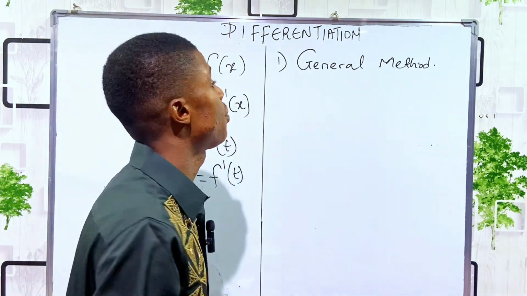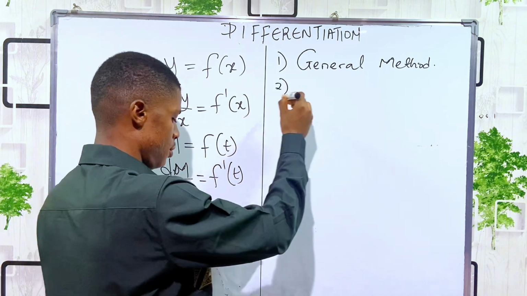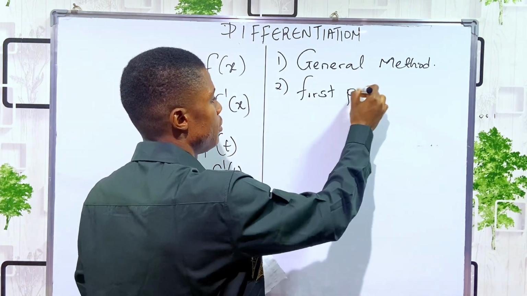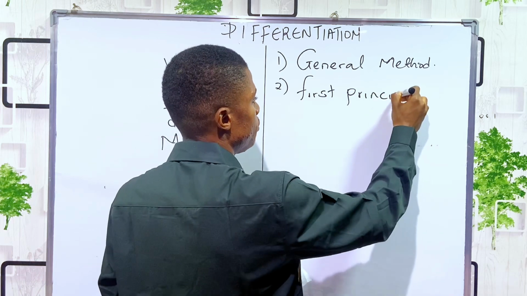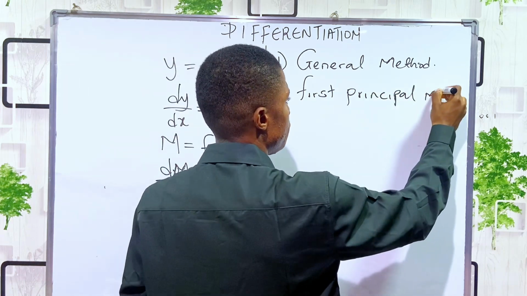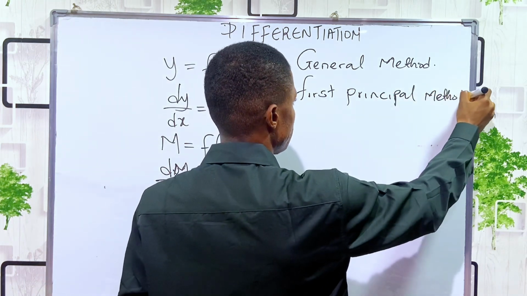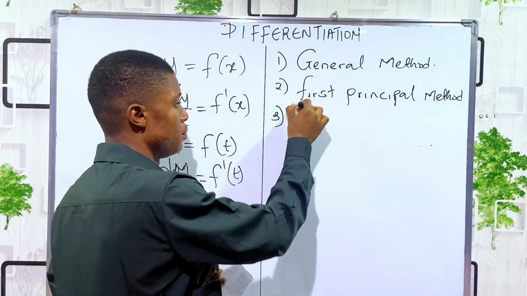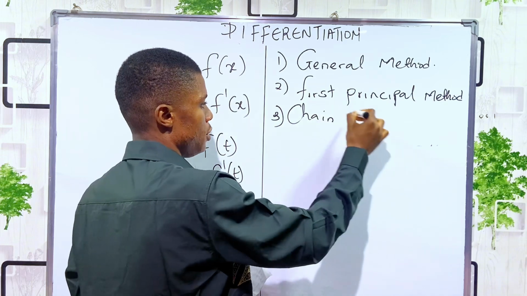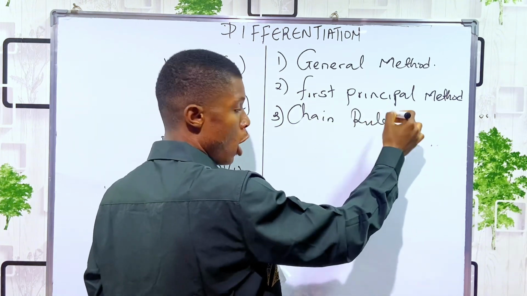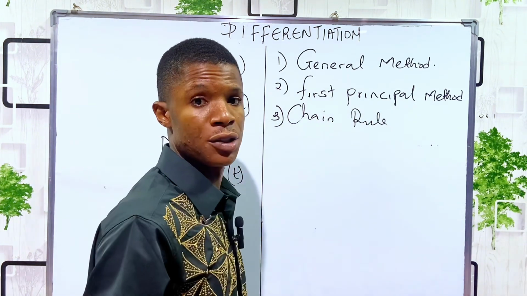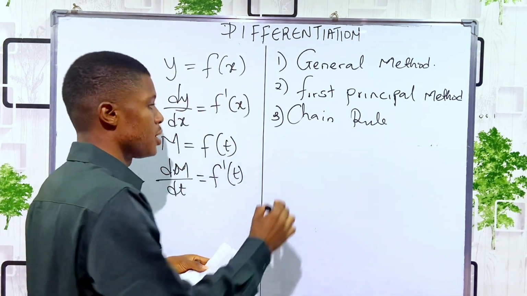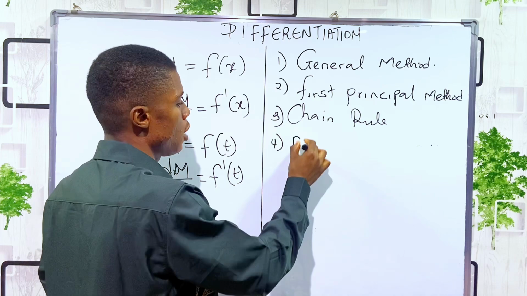The second method we use is called the first principle method. The next one is called the chain rule, or we call it function of a function, or functions of several functions. The next one is called the product rule.